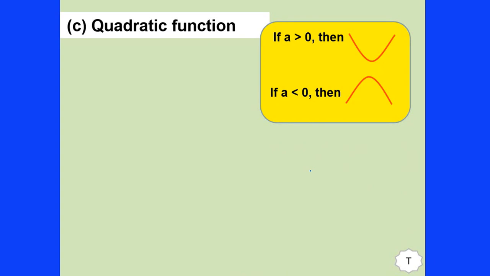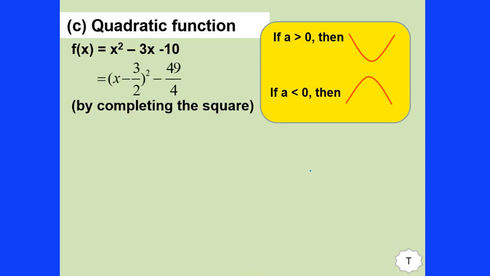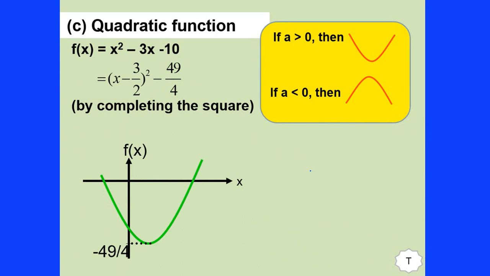Okay. Quadratic, smiling graph, sad graph. Okay. Then, given this one, quadratic, jadi kena completing the square. You kena tahu completing the square juga, don't depend on the calculator kan. Kena juga sometimes, this quite important nak tahu completing the square.